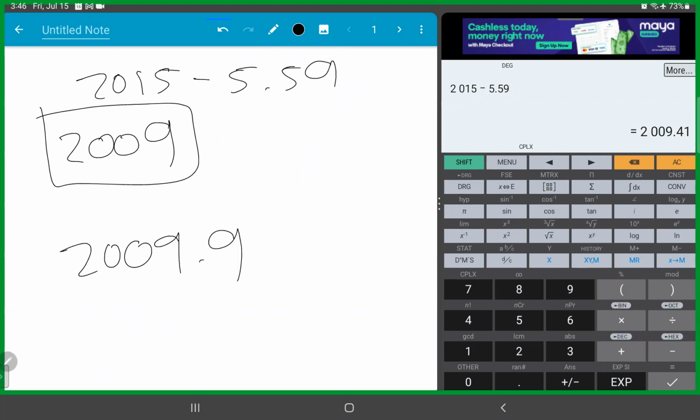Kung anong year siya unang na-introduce, so kahit 0.99 pa nga, nasa year 2009 pa rin yan technically, di ba? So usually hindi naman nagkakaroon ng 0.99, no? Kagaya nga yan, 0.4. So year 2009.